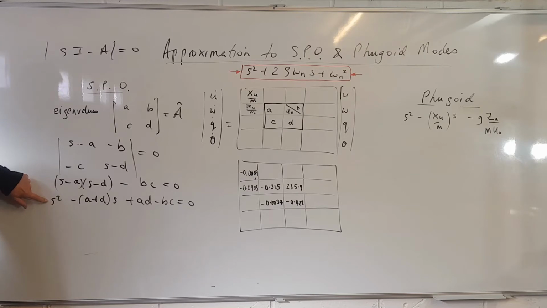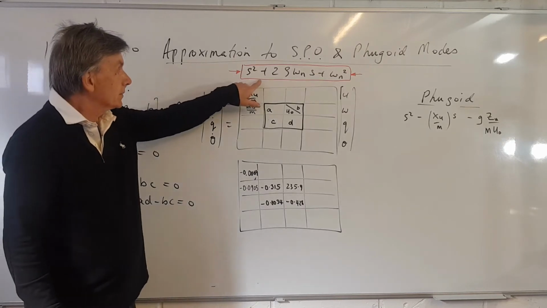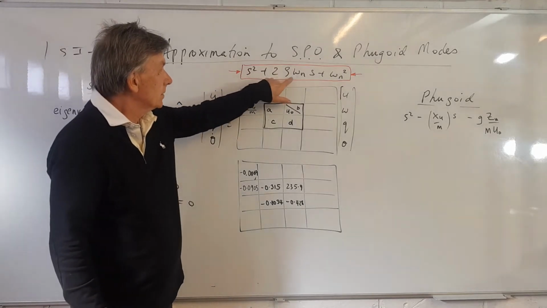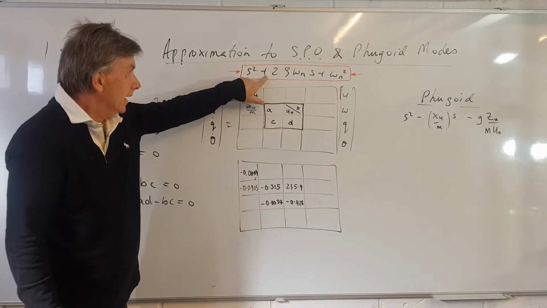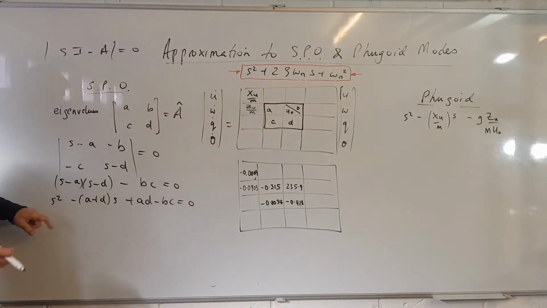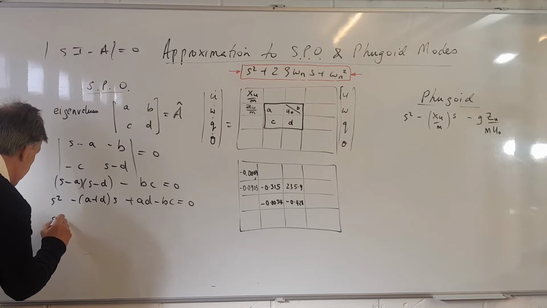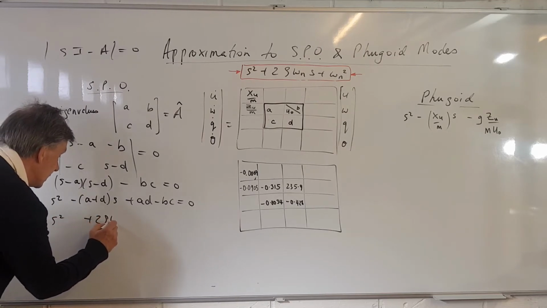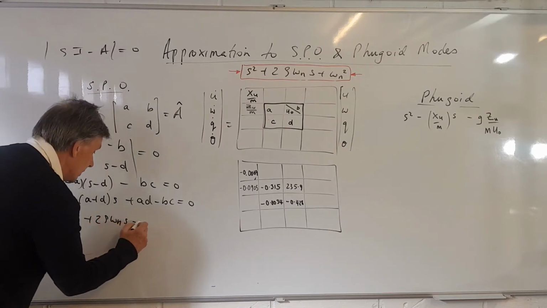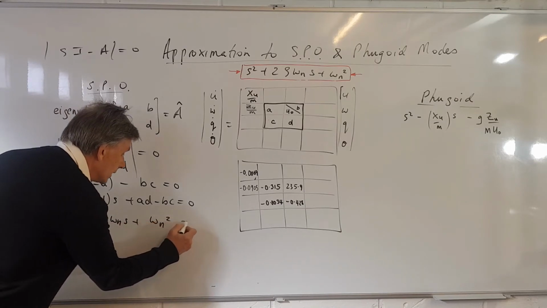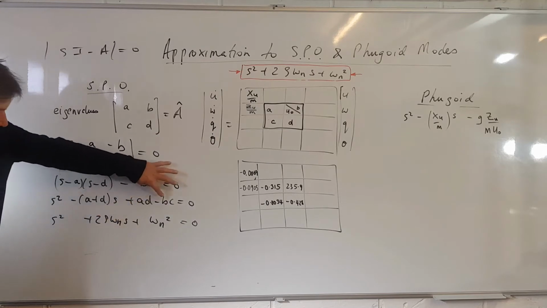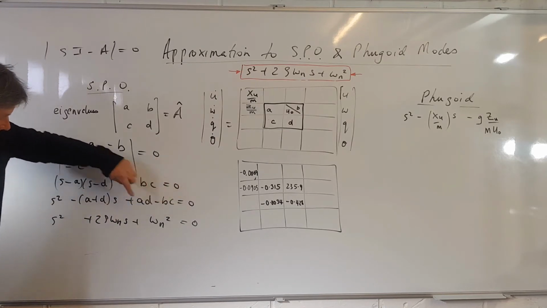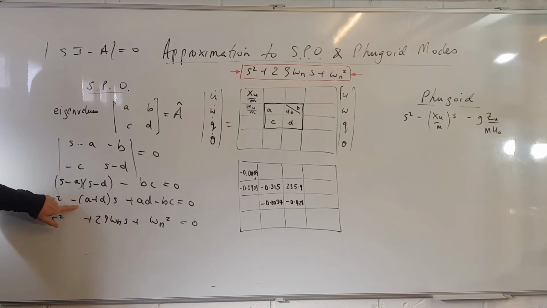The important thing about second order systems is we can represent them by this type of expression: s squared plus 2 zeta omega n s plus omega n squared. So this expression is the same as this one, and we could rewrite this as s squared plus 2 zeta omega n s plus omega n squared equals 0. The important thing here is that this term is the same as that one, and this term is the same as this one.